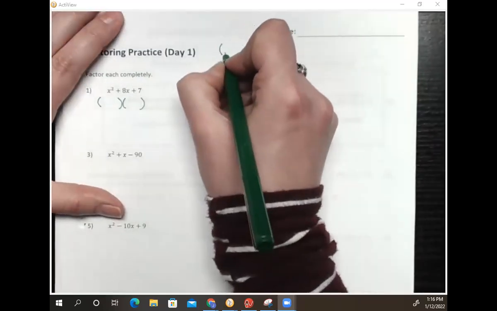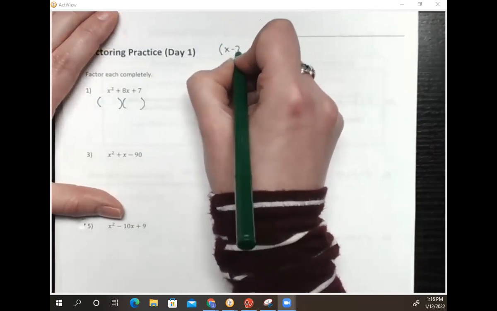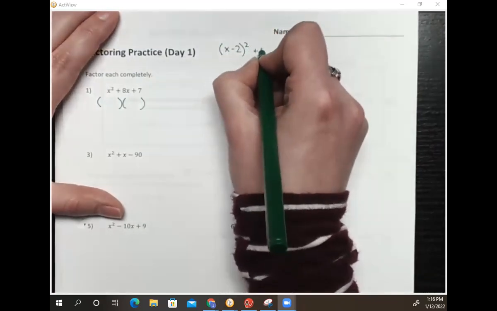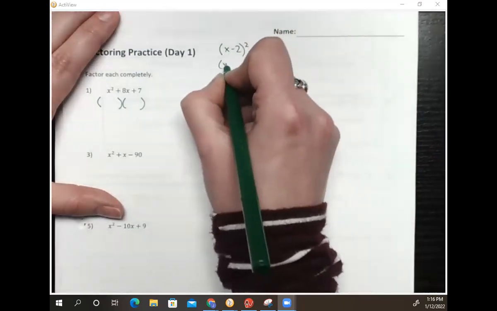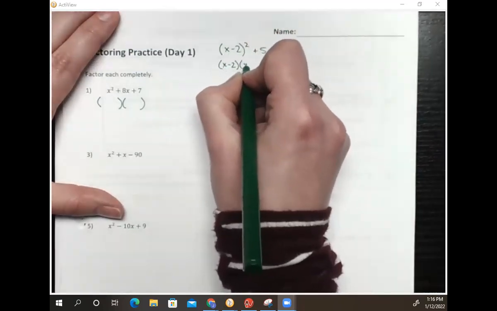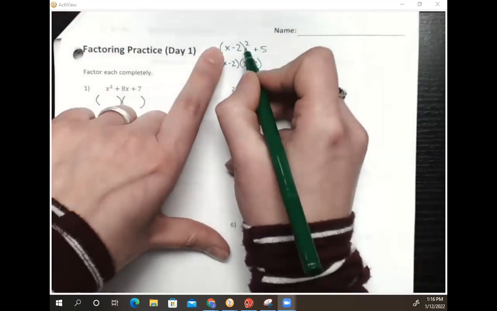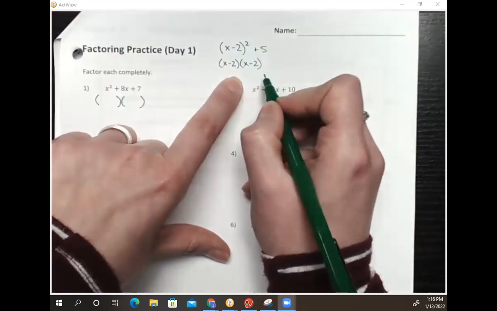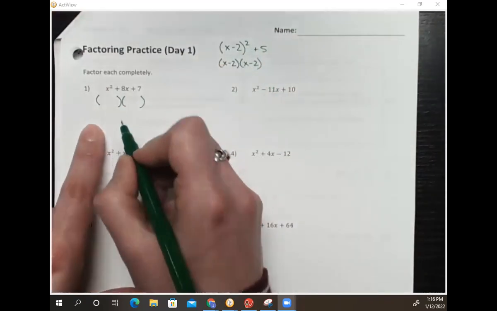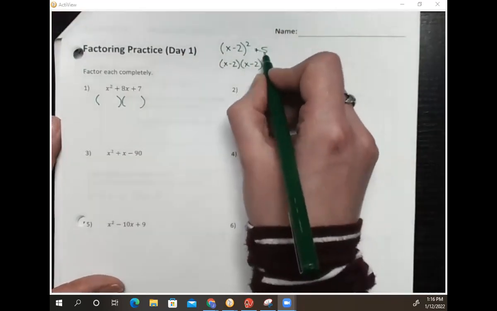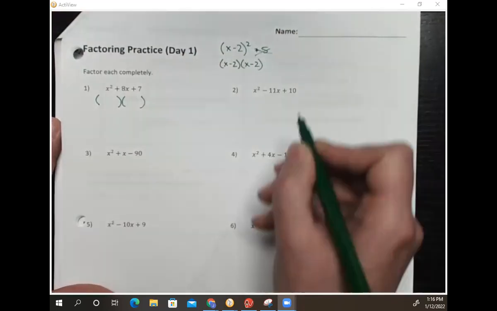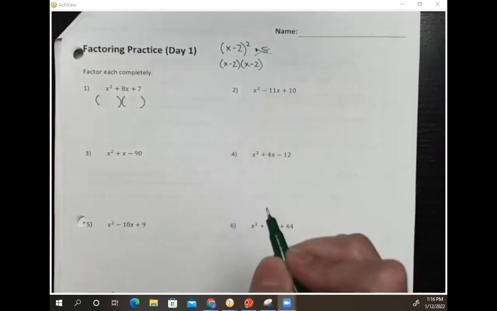So if I had vertex form, let's say our vertex form looks like this. When we wanted to change it back to standard form, we took the thing in parentheses and wrote it twice to distribute. So it's going to look kind of like this, except for nothing at the end. Okay, we aren't adding or subtracting anything at the end.